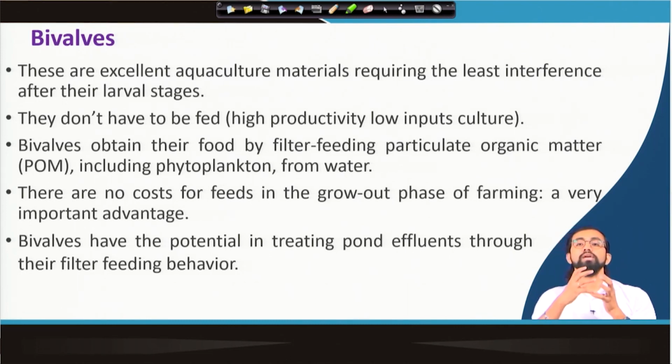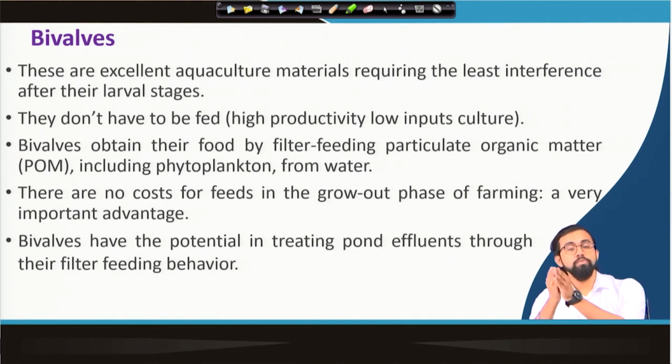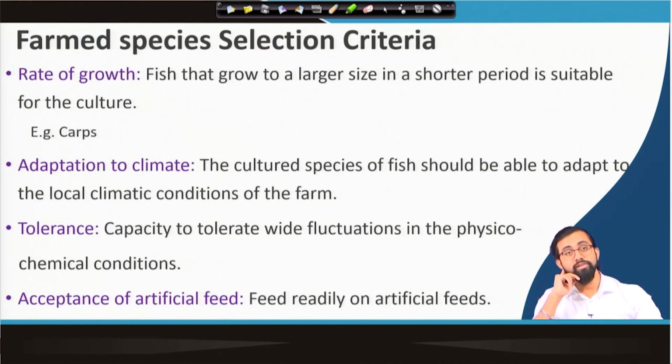They are utilizing the nutrients available in the water and even in the wastewater, the water which has certain amount of obnoxious pollutants, pollutants which are not desirable. Those pollutants are being fed on by the bivalves. I'm not going into details. There is a lot of in-depth discussion that we can have in later lectures. So these bivalves are helping us in that way as well, giving us some environmental benefit by this means.